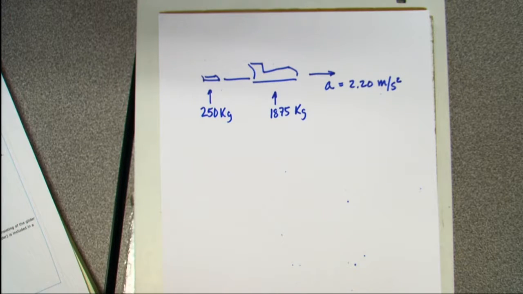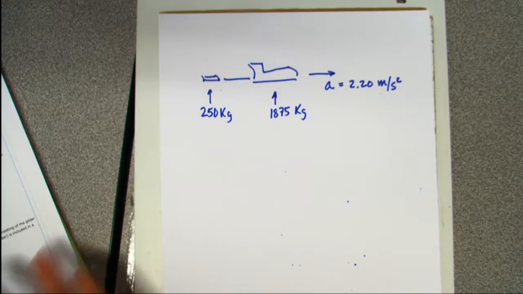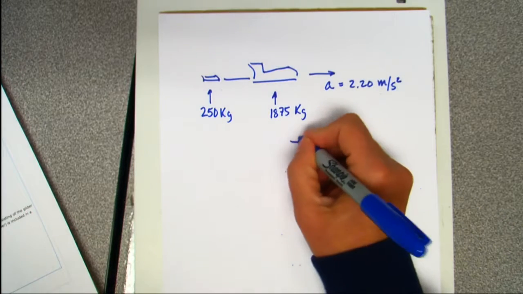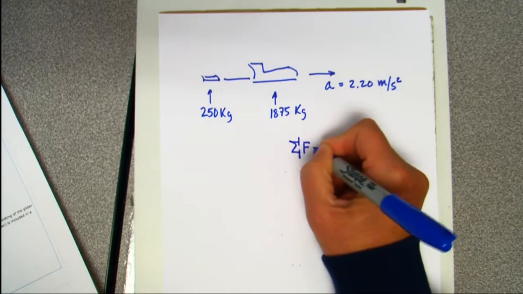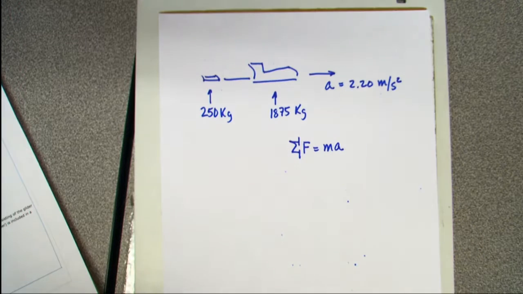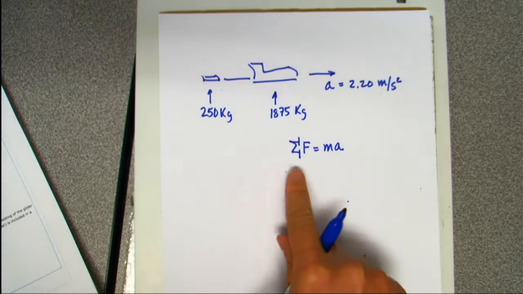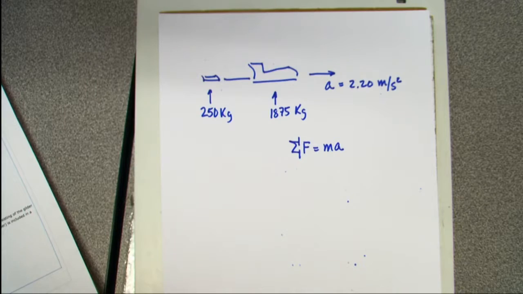For every action, there's an equal but opposite reaction. So the sum of my forces is going to equal my mass times my acceleration, and that's going to end up being my thrust.